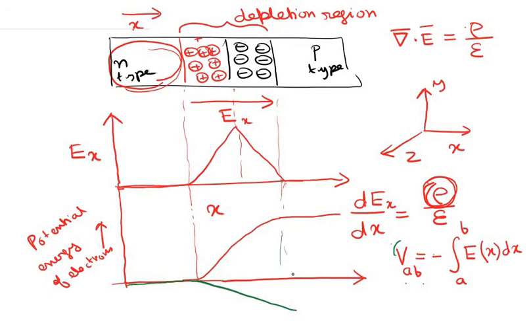Now when the electric field becomes 0, this potential becomes constant. This potential difference between the p-type and the n-type material is known as the built-in potential and is denoted by V suffix Bi. Okay, so let me write it here.